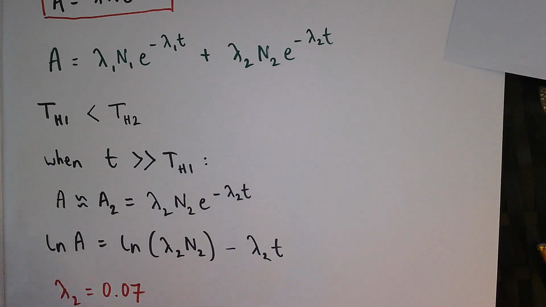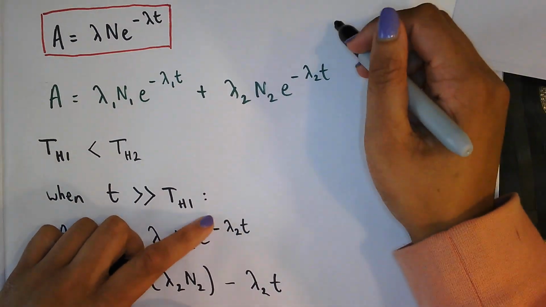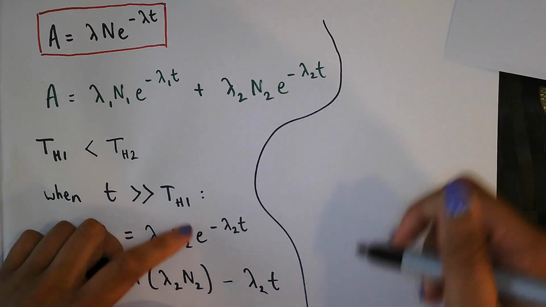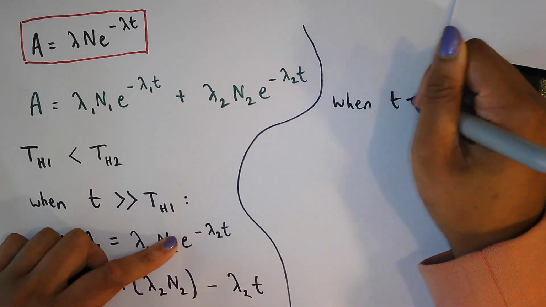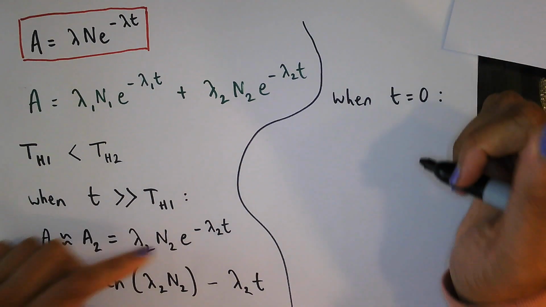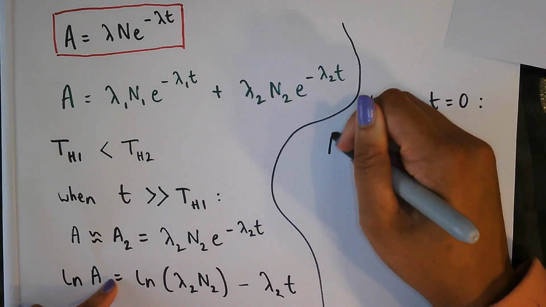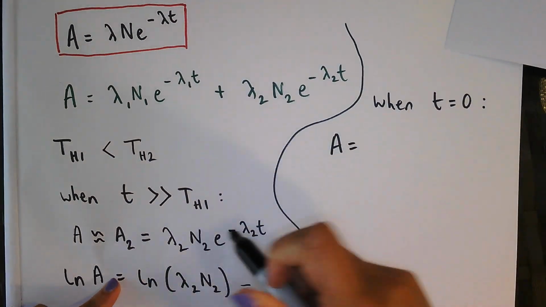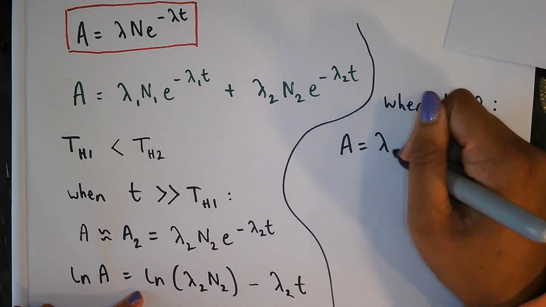So when t equals 0, we can see that the activity A is just equal to lambda 1 n1 plus lambda 2 n2.